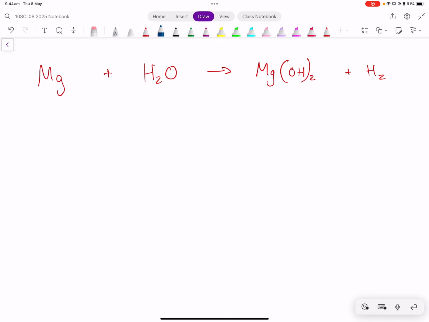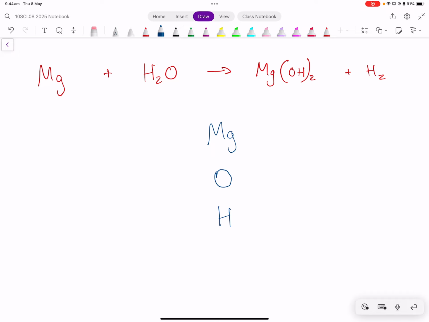Is it the element? Is it oxygen? Is it hydrogen? What should we balance first? Element. So I'm going to start with magnesium. Do I then go oxygen or hydrogen next? Oxygen, then hydrogen. It's just going to help us out with some trickier ones.